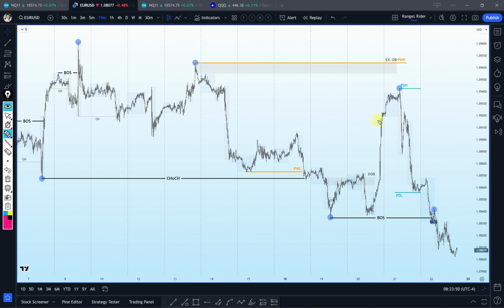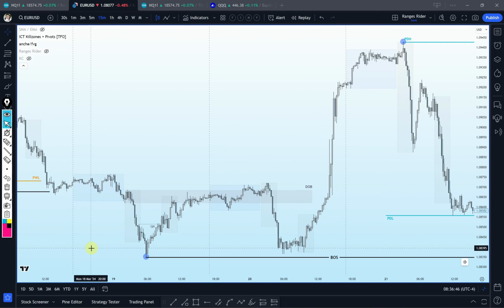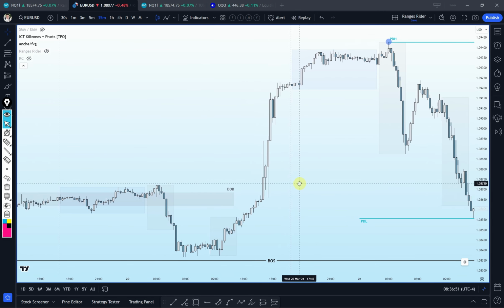But like I said, I will explain only 2 days of entries, Thursday and Friday. Okay, let's start. So we will mark the structure here.